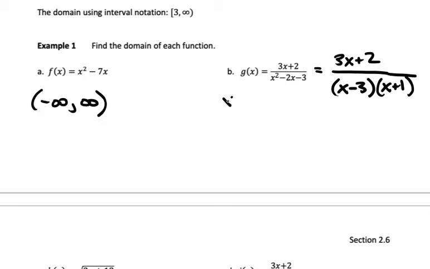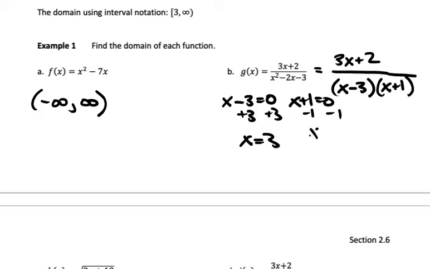So setting each factor equal to 0 and solving gives me a value of x equals 3 and x equals negative 1. Now remember, these aren't solutions. These are values that I cannot plug in for x because they would result in 0 in the denominator.